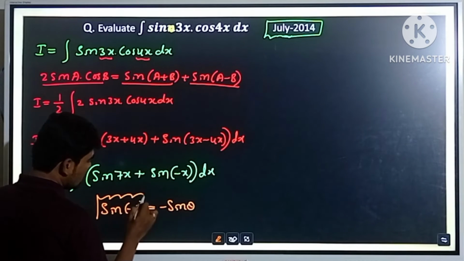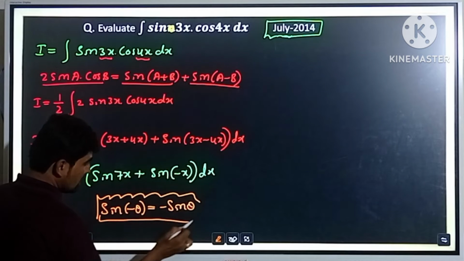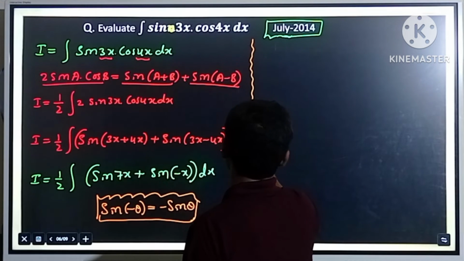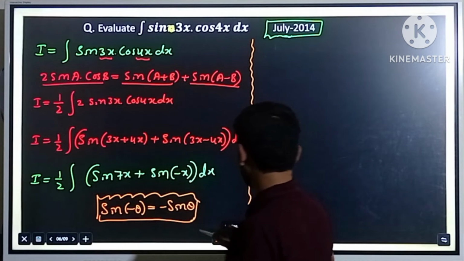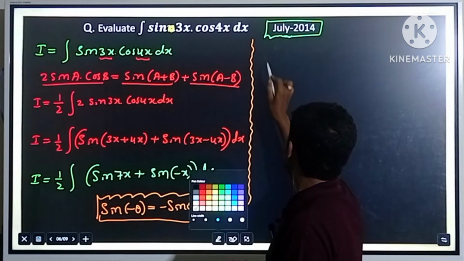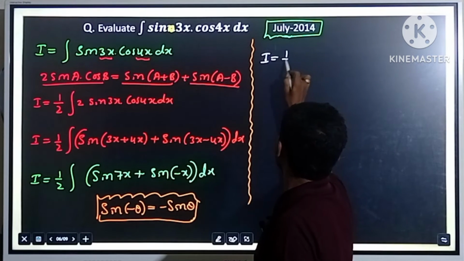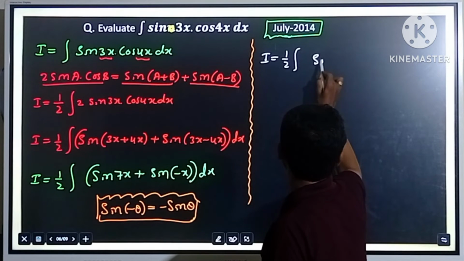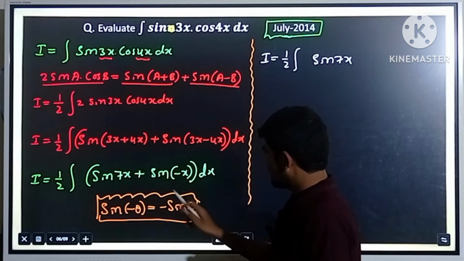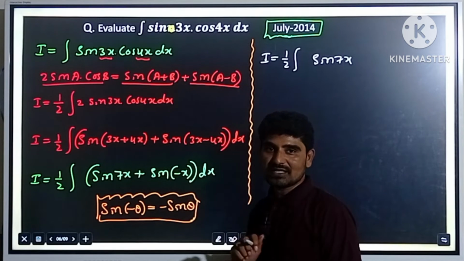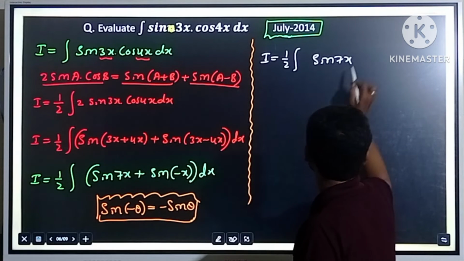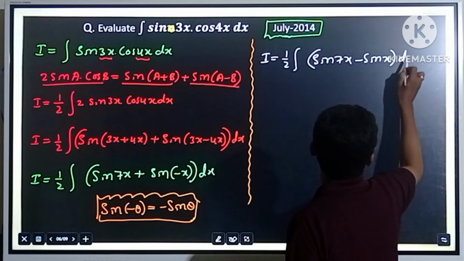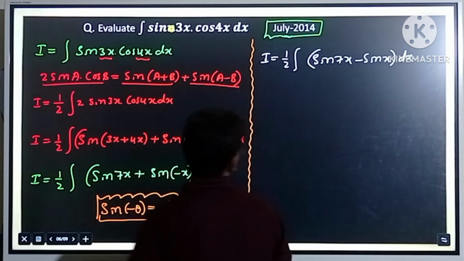So by using this condition, this above integral I is equal to, see here, 1 by 2 into the integration of sin 7x as it is. Now sin of minus x equals minus sin x, therefore plus into minus sin x with respect to x.